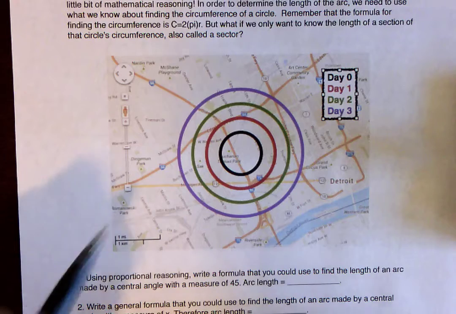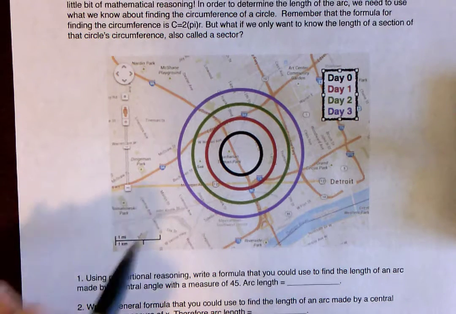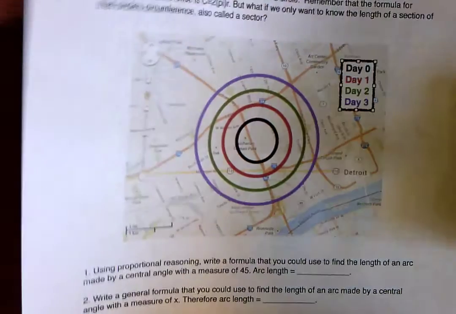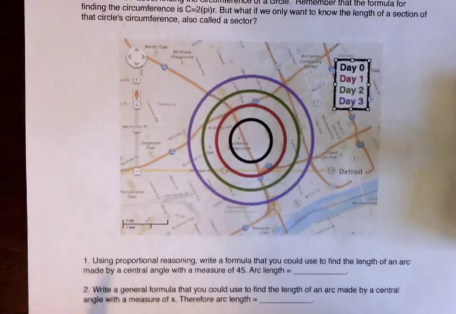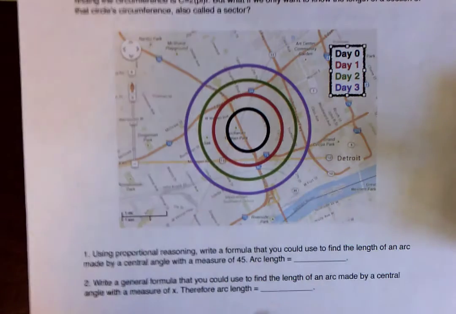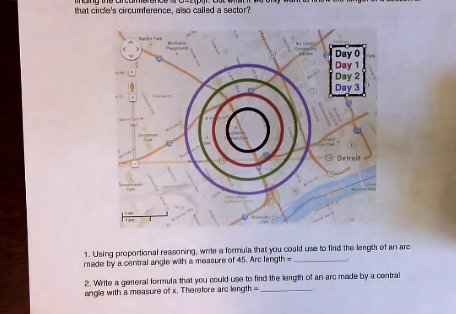Okay, so here's our map again. We've had that before. That's the map of Detroit. And it says here, using proportional reasoning, write a formula that you could use to find the arc length, or the length of an arc made by a central angle with a measure of 45 degrees. So again, you have to think, what's the formula for circumference?